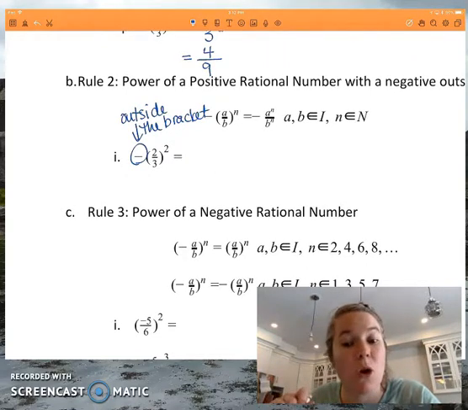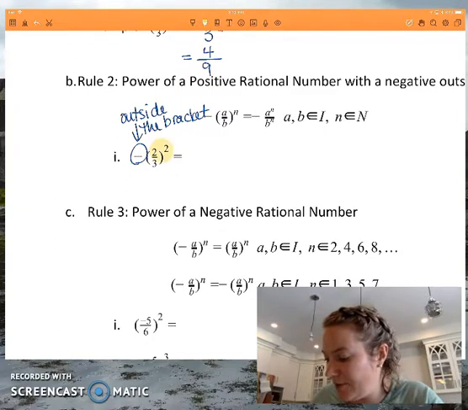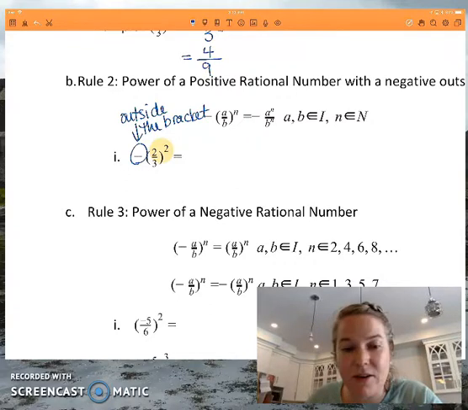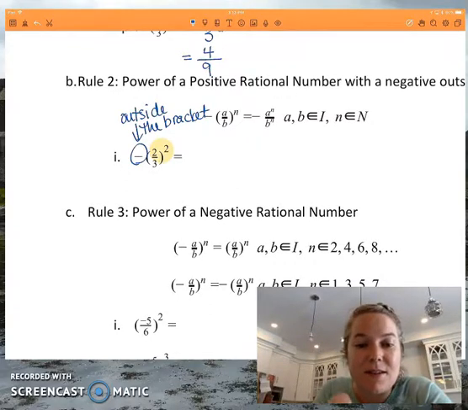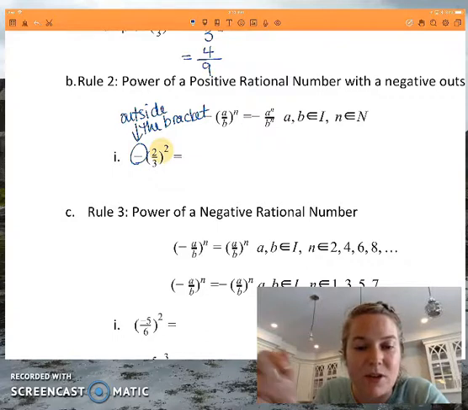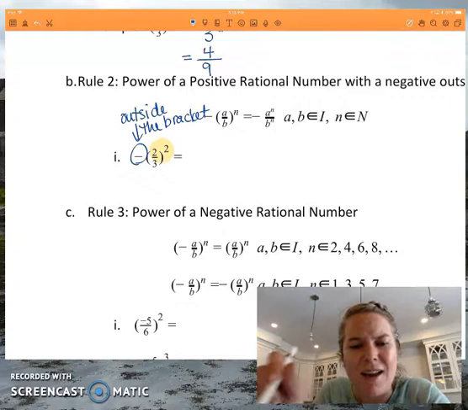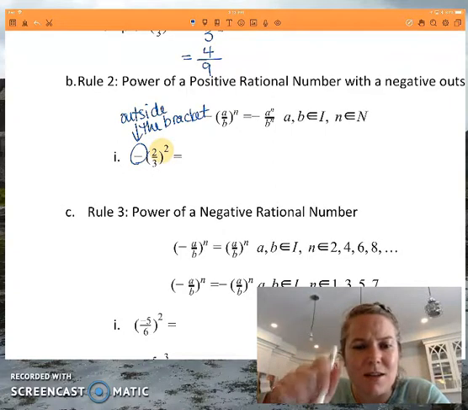The answer is no, because the exponent applies to whatever's inside the brackets that it's touching. This exponent is touching that bracket, and so it applies to whatever's inside the brackets as per the rules of BEDMAS. Brackets come first. The exponent then applies to everything inside the bracket, and the negative is not inside the bracket.